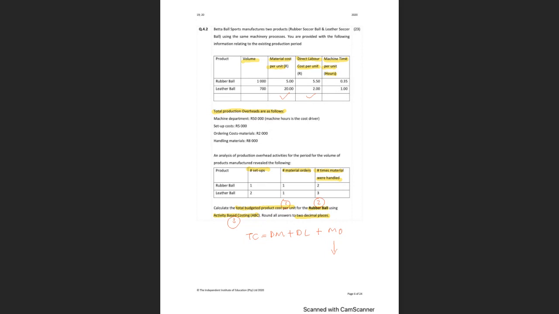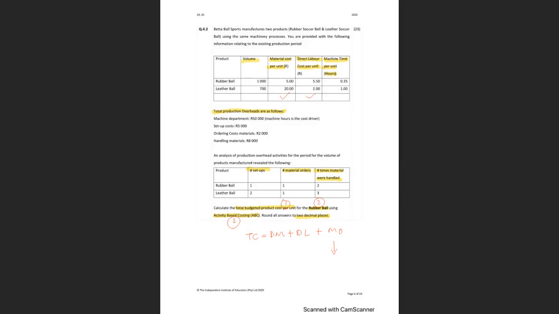So in terms of your ABC method, remember step 1 is to identify all of the different costs involved in the overhead or manufacturing process, and they are the ones that were listed out for you here. They said to you total production overheads are as follows. So these are the different activities, and that's step 1. Step 2 is to determine their total costs. Now, they have actually given you that as well.